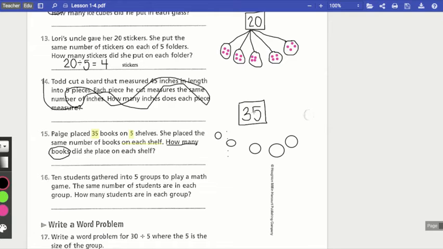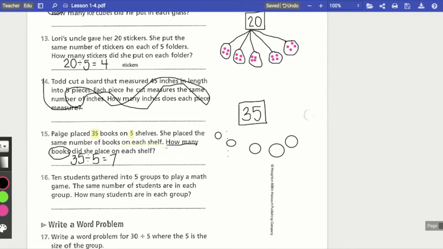So our equation again starts with our big number on top, 35, divided into those 5 groups, or those 5 shelves, equals, and the number that you found was 7.